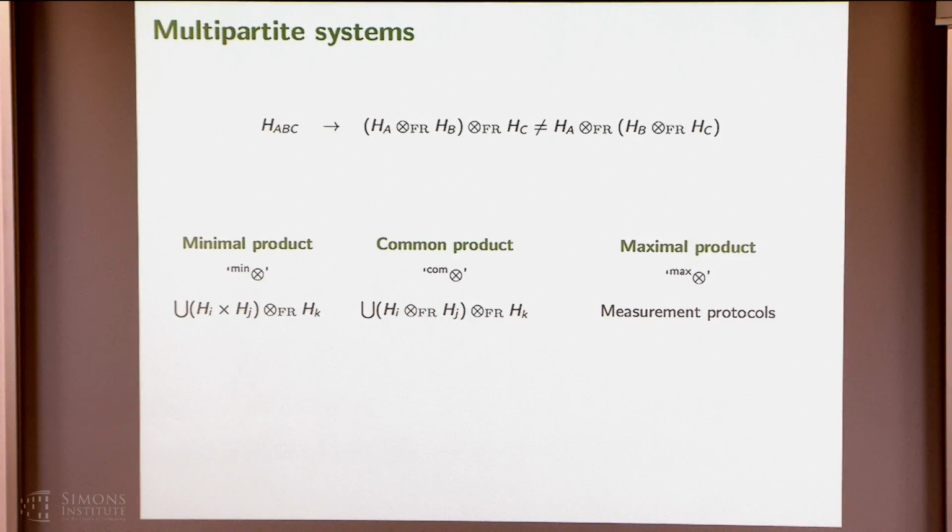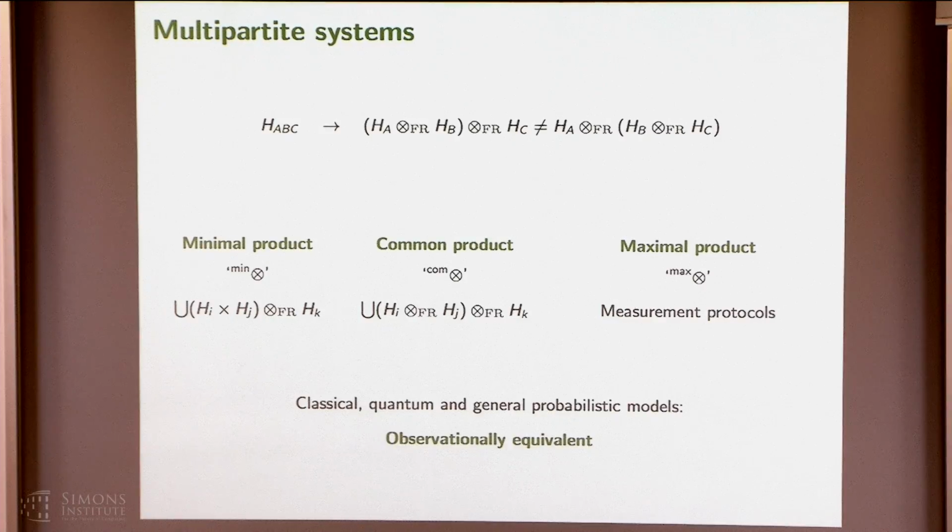Then is when we run into problems because actually classical and quantum probabilistic models are observationally equivalent. That is, the set of classical and quantum correlations that you can obtain for all these different products are the same. So if you want to rely on a quantum experiment or classical experiment to tell one from the other, you will never succeed.